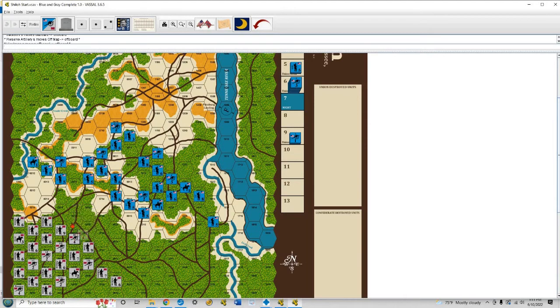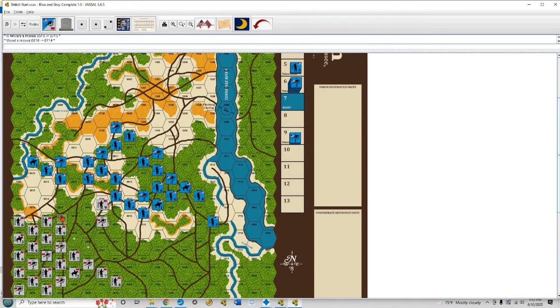So we're going to move 1, 2, 3. This guy here, and he's going to be able to shoot at that guy. And then we're going to move that there. I'm going to try to take this flank out as quickly as I can.